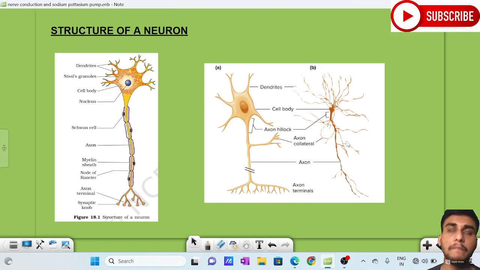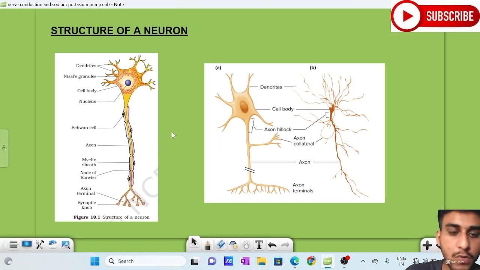There's a chapter in your textbook which deals with certain types of cells and the structures of the cell. Actually, a nerve is a type of cell. There are many different types of cells. A nerve is a type of cell which helps in conduction. They arise from a neuroblast cell and they get elongated afterwards.